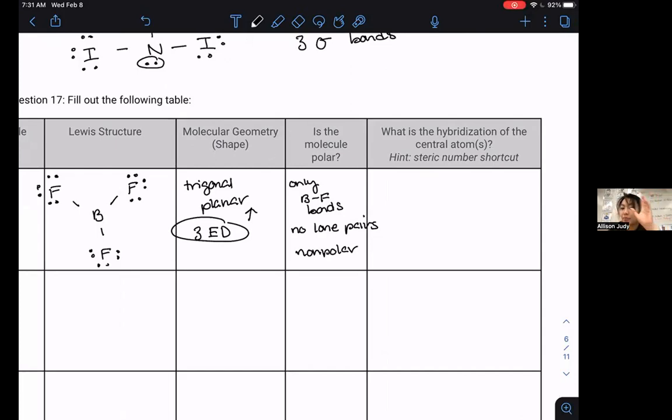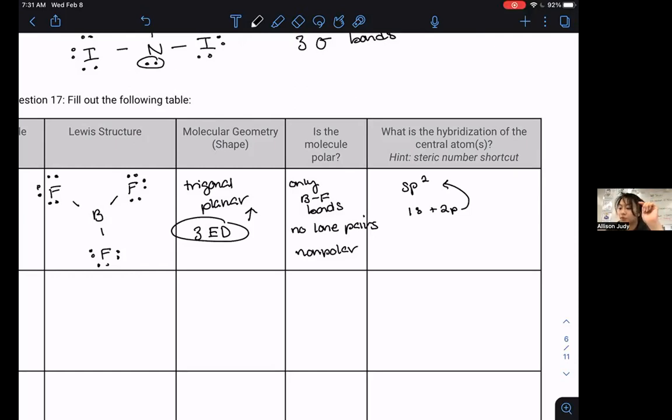And we say that hybridization-wise, a trigonal planar has sp2 hybridization. 1 s plus 2 p's creates 3 sp2s technically, but we characterize it one at a time.